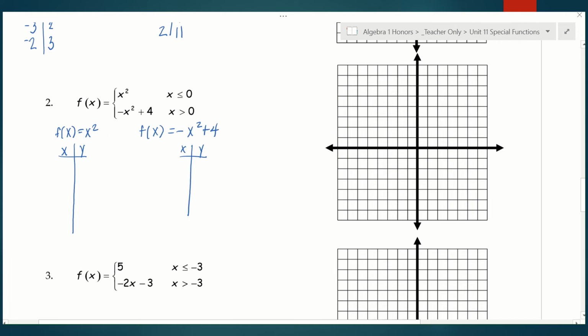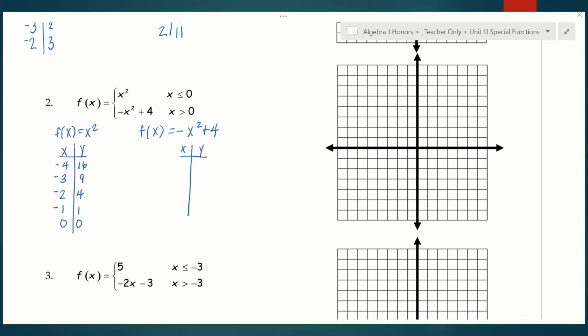Okay, so for the first one, since I'm looking at anything that's less than or equal to 0, 0 needs to be the biggest number on my table. So I'm just going to choose to start at -4. And then 0 is my biggest. And if I copy down that table from my calculator, those are the corresponding y values.